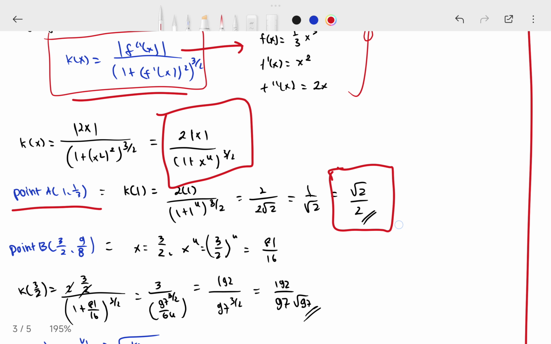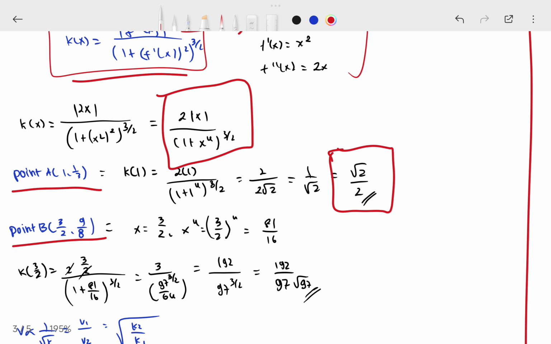For point B, we also input x into the formula, so we got this one.